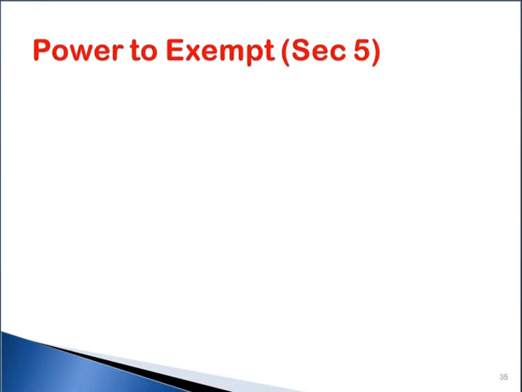Students, the power to exempt continues to subsection 2 of section 5.